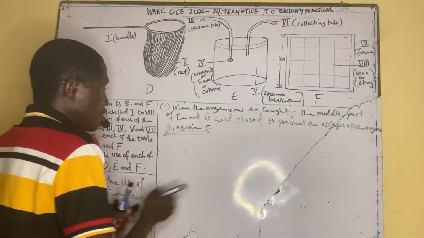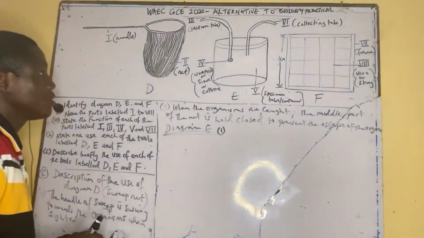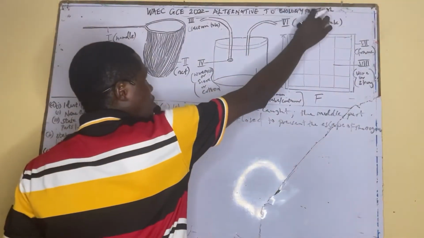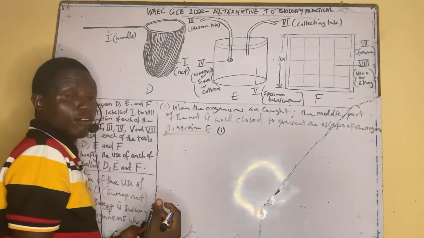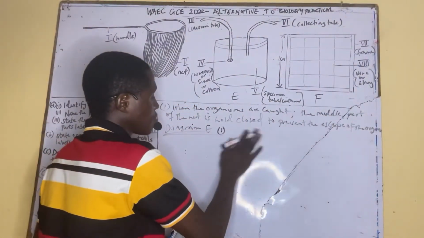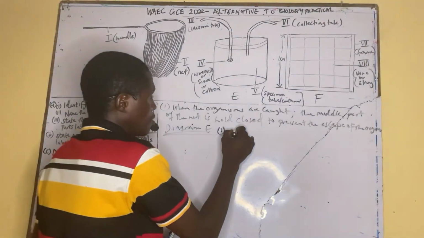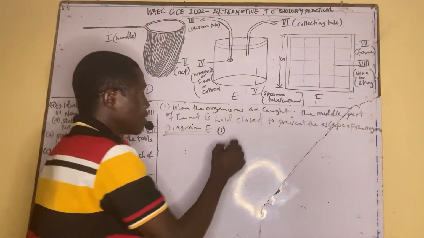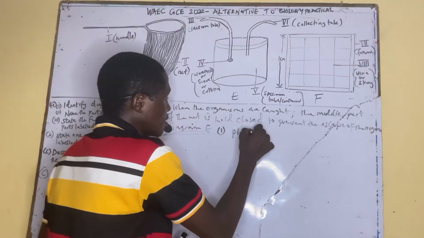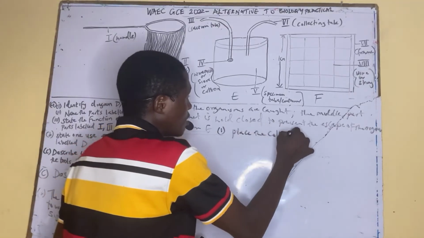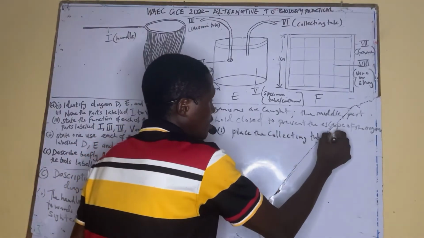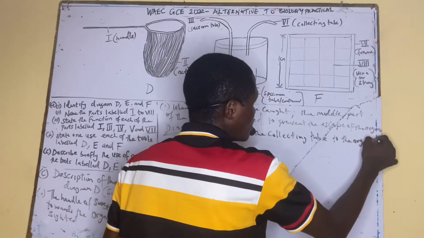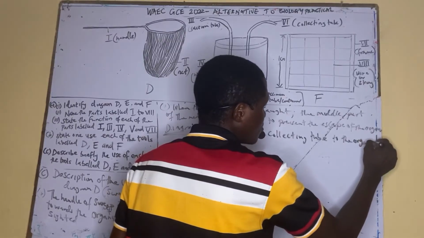The first thing you do when you are using diagram E, which is the pooter, is that you place the collecting tube, this is what collects the organism from the leaf, to the organism that you want to collect.